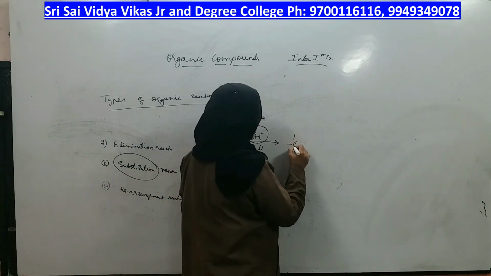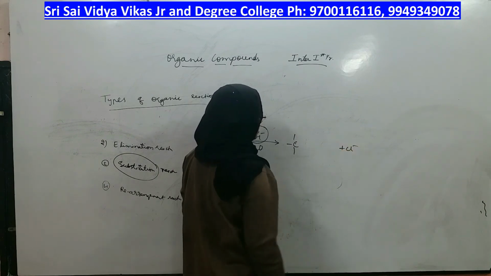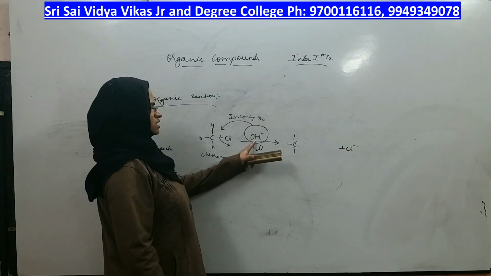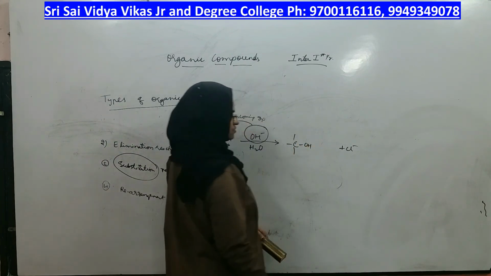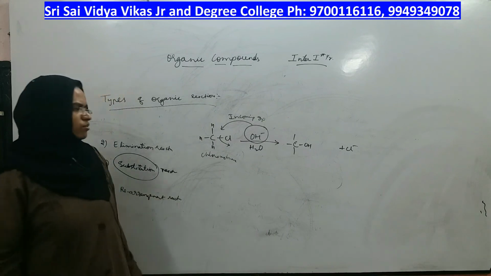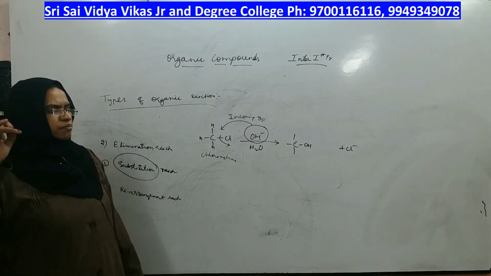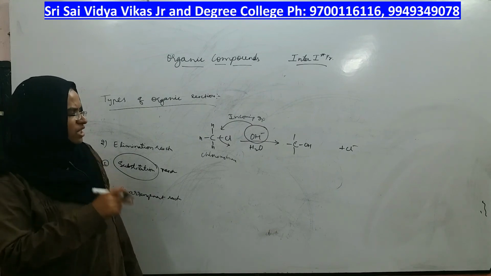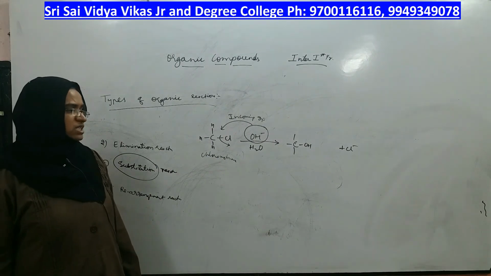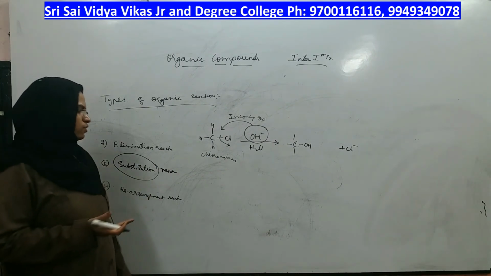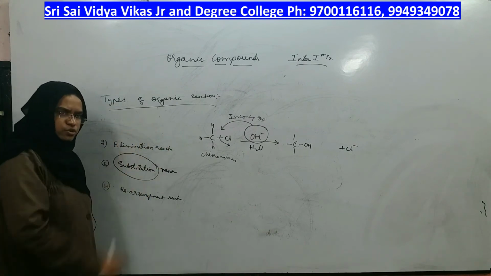So in the product, the chlorine came out because OH minus kicked out the chlorine and took its place. Chlorine in the form of chloride ion got removed and the place of chloride is now taken up by a new group called the incoming group.